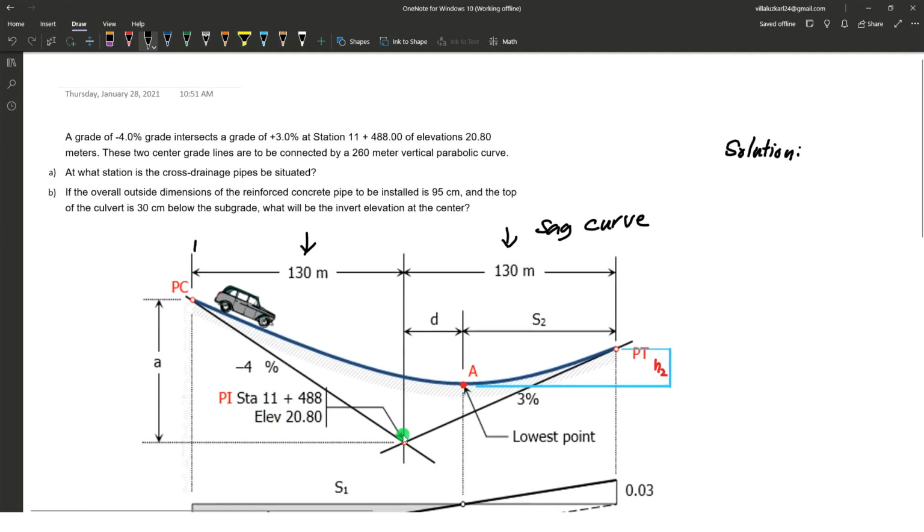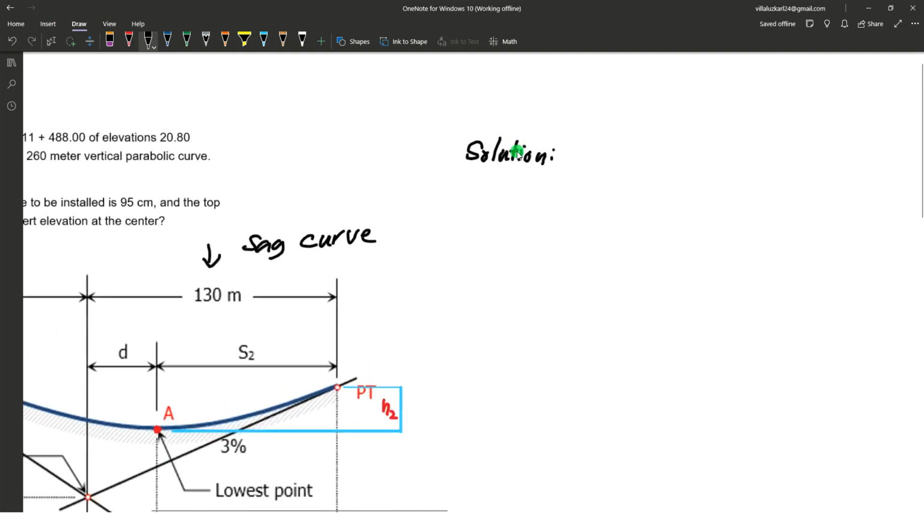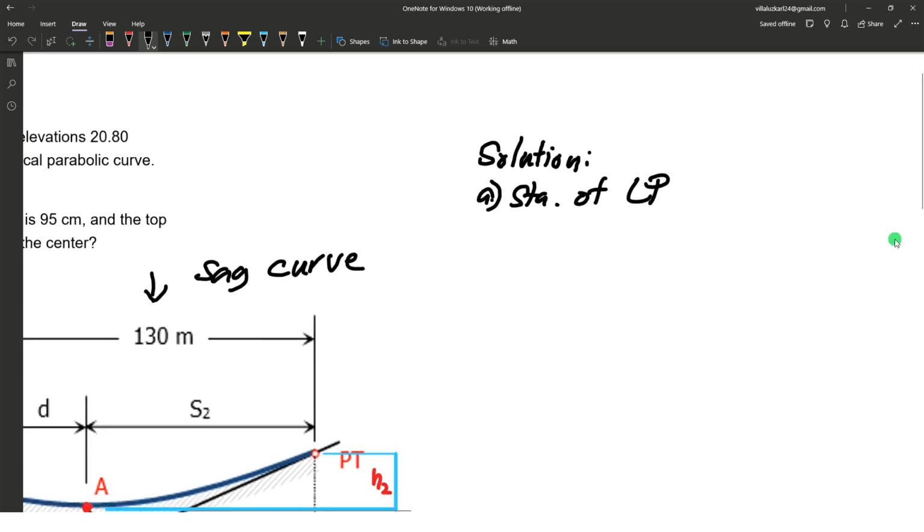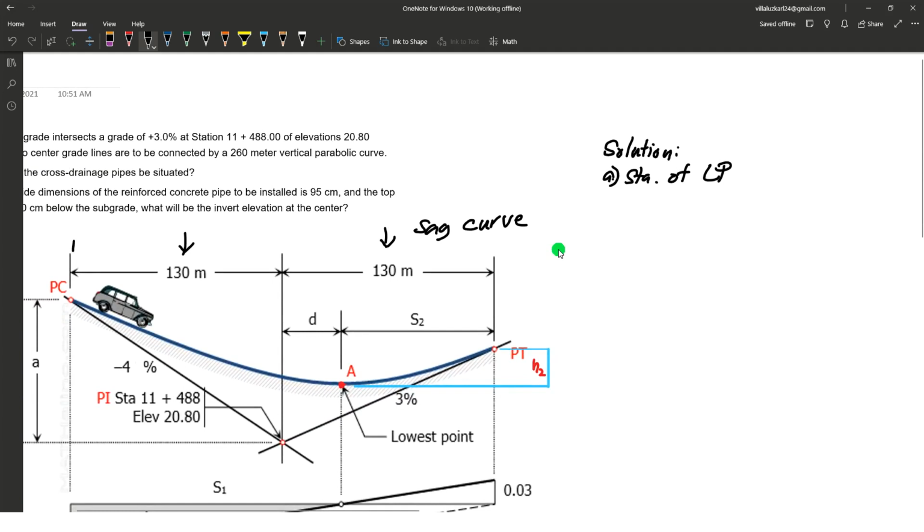Given here are the stationing and elevation at the point of intersection. Let's first compute the stationing of the lowest point. We can have a reference point from PC: the stationing of the lowest point is equal to the stationing at PC plus S1.